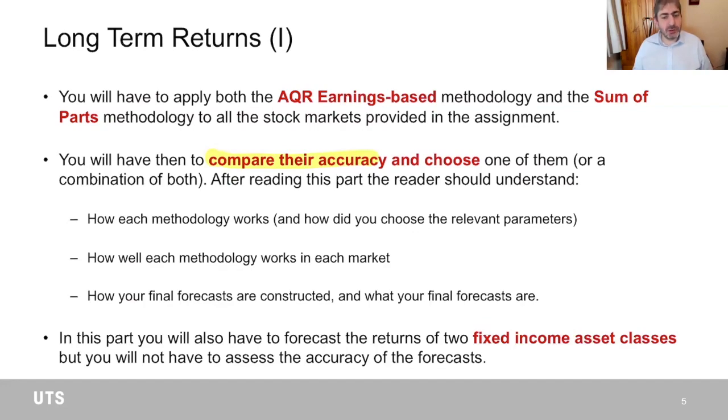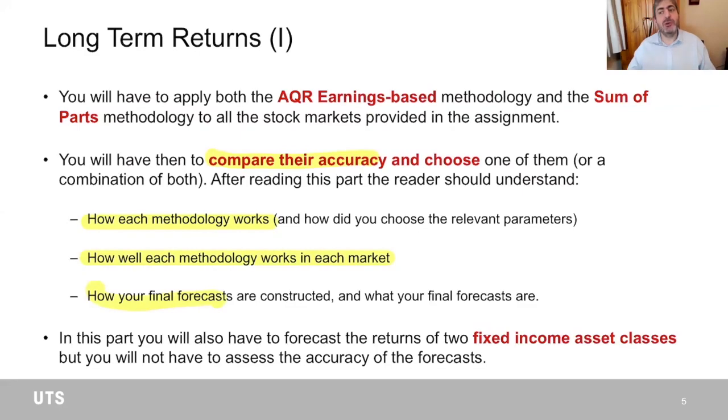You can either do what AQR does, the average of 2 methodologies, or you can choose one over the other. And then after reading your report, the reader should understand how each methodology works, how well each methodology works in each market, and how you build your final forecast.